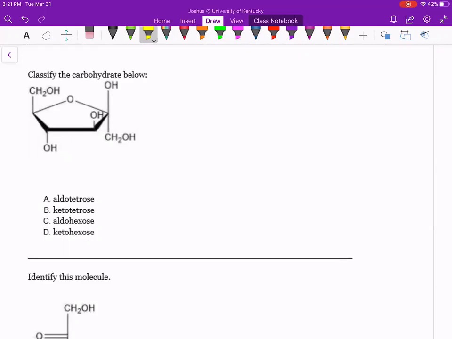Classify the carbohydrate below. It's 6 carbons. It is an aldohexose.